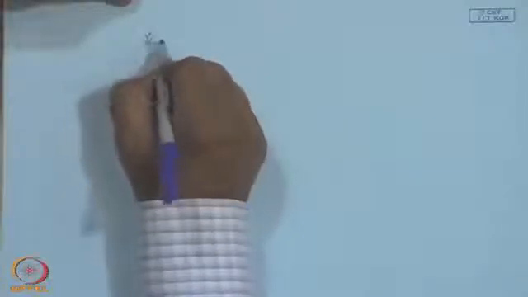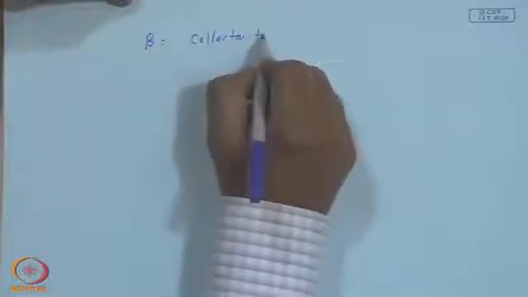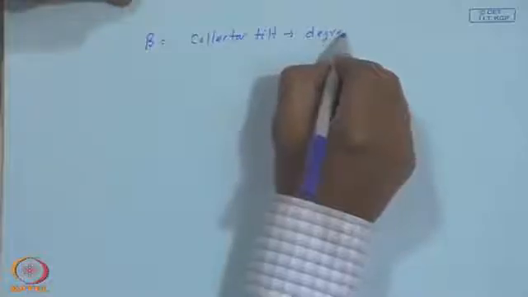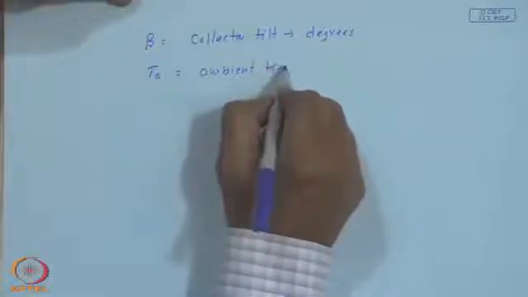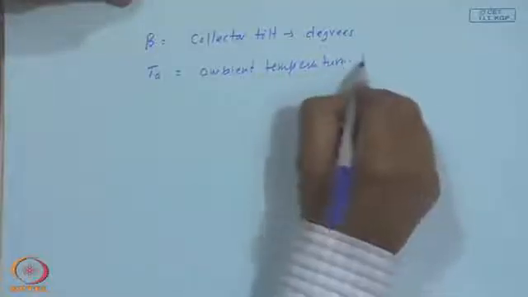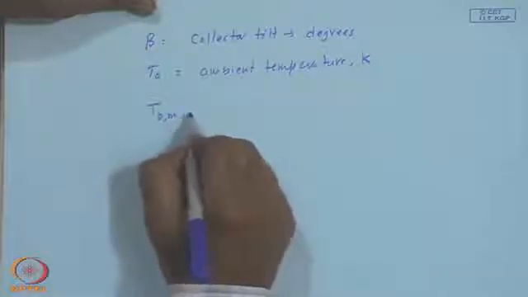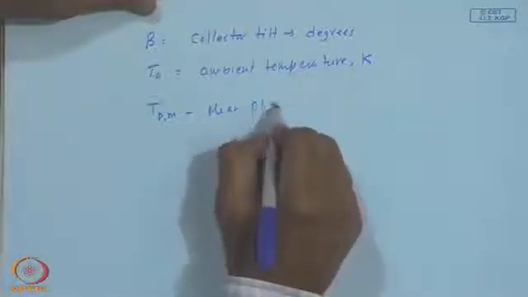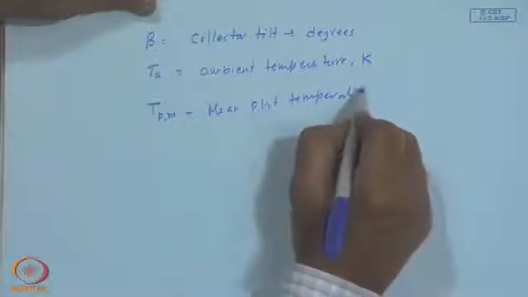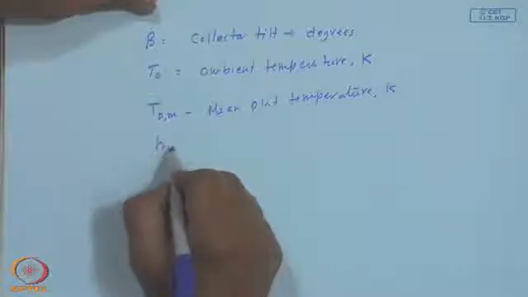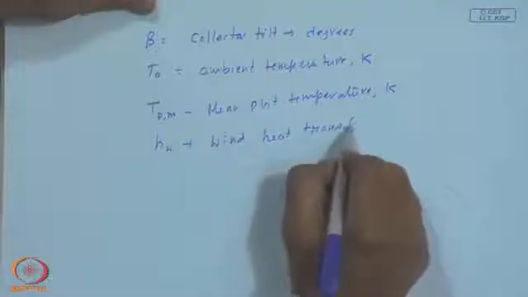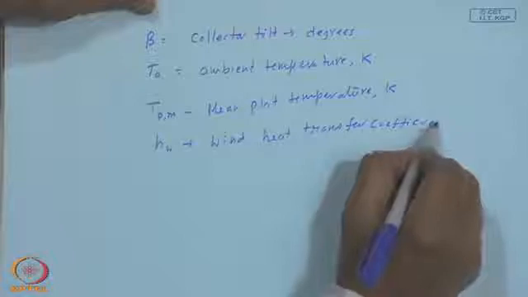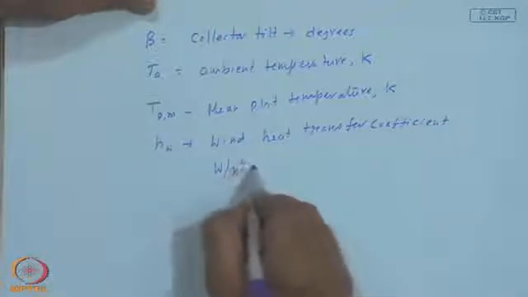TA should be in Kelvin, and TPM is the mean plate temperature, again in Kelvin, and HW the wind heat transfer coefficient in watts per meter square degree centigrade.